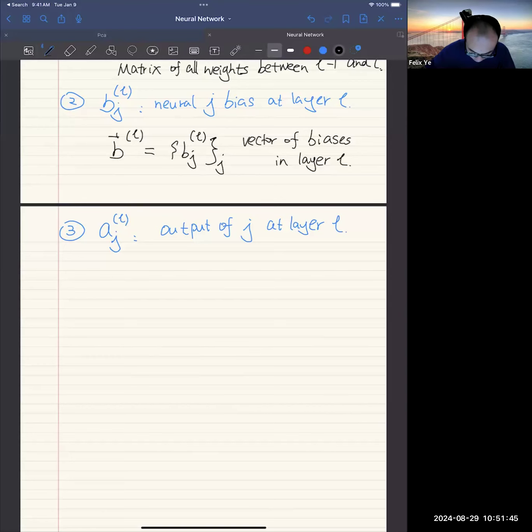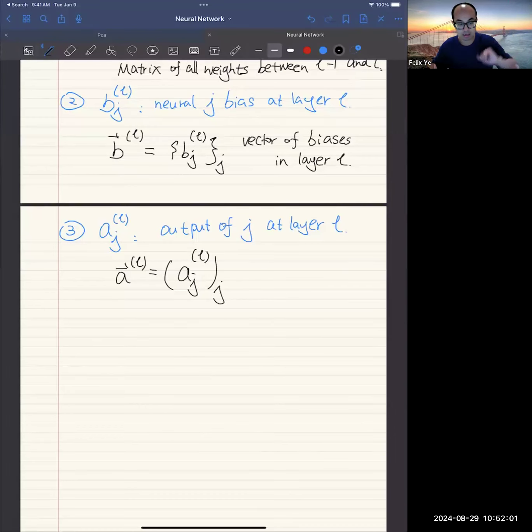So this becomes a vector A, vectorized according to the index J. So this is the vector of outputs in layer L.